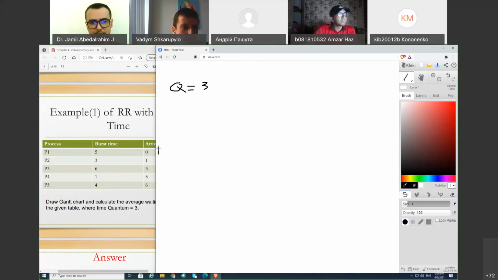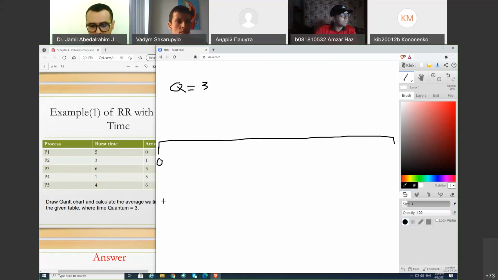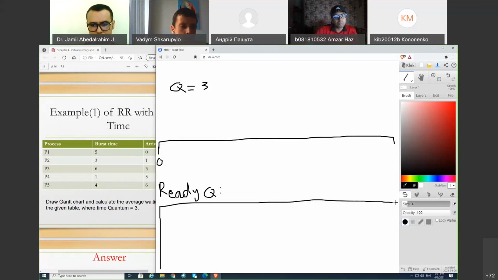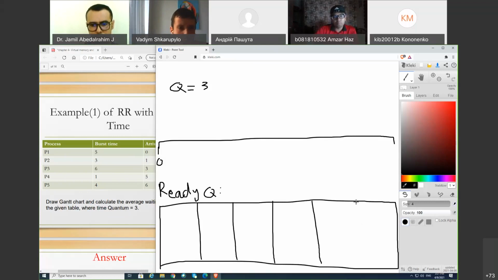So as usual, we start from 0. In this case, with arrival time, the best way to solve this issue is to use the ready queue table.